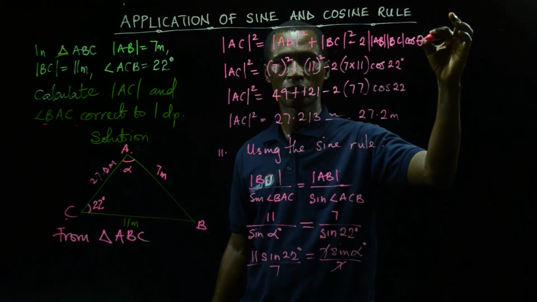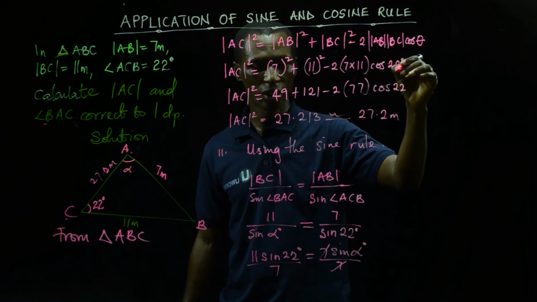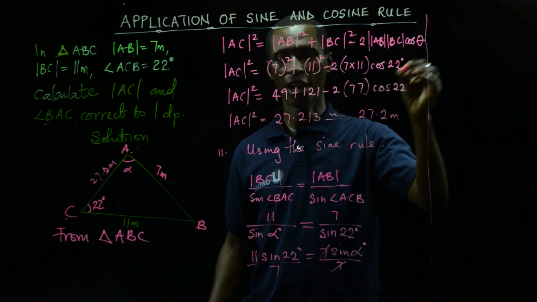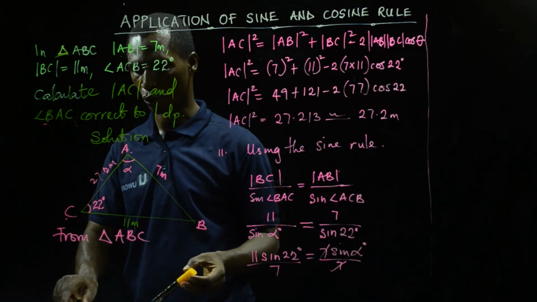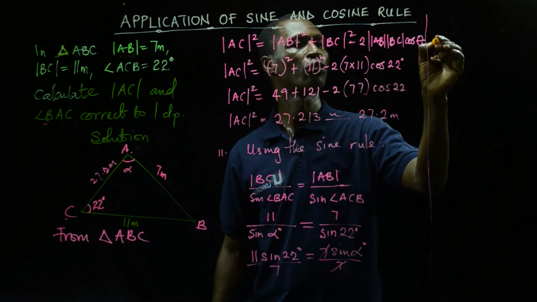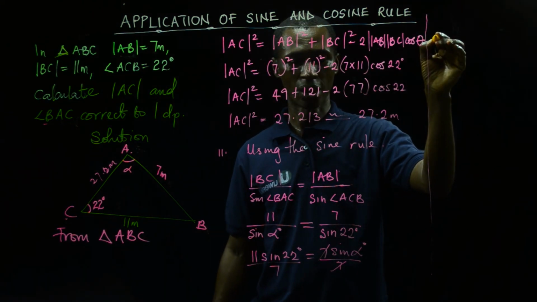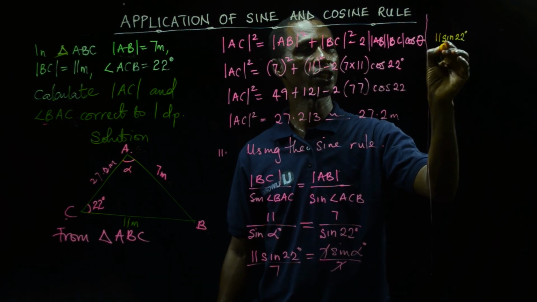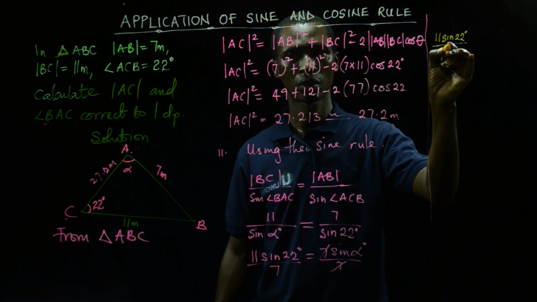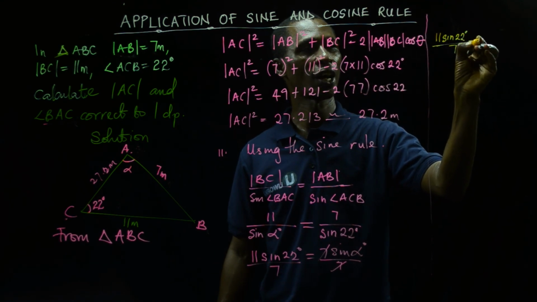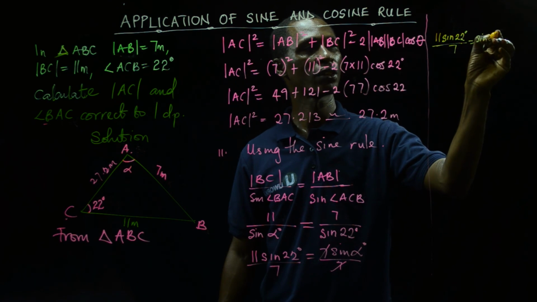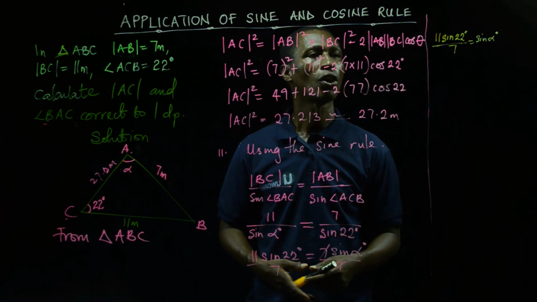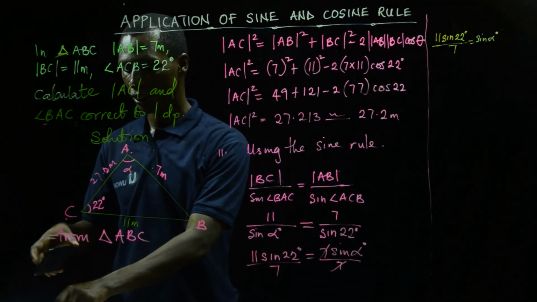I'm having sine alpha equals 11 sine 22 degrees on 7, equals to sine alpha degrees. Good. So if that is the case, you just point your calculator.